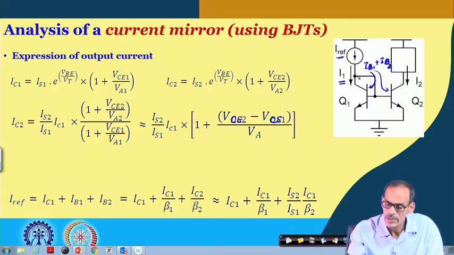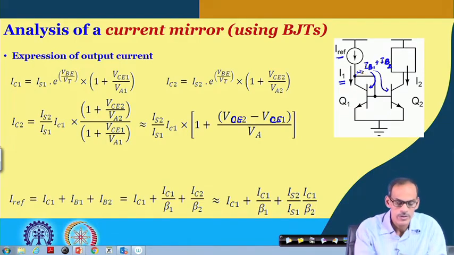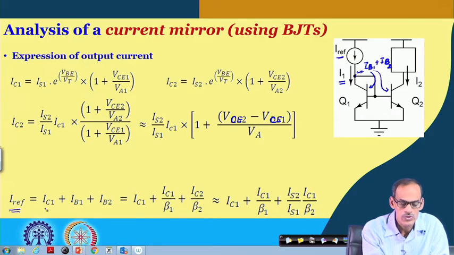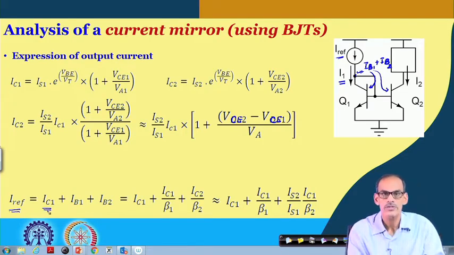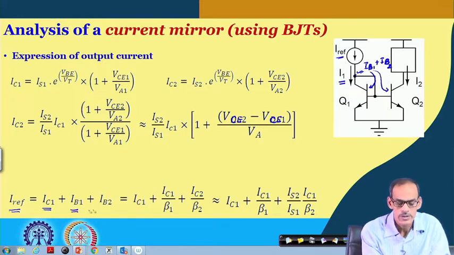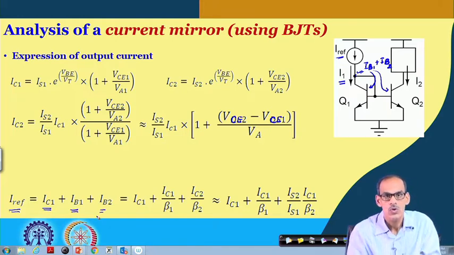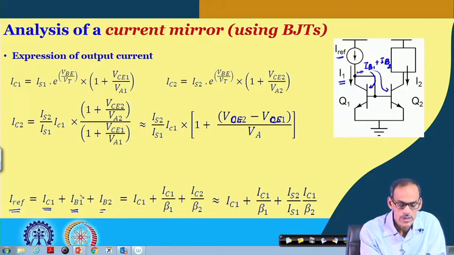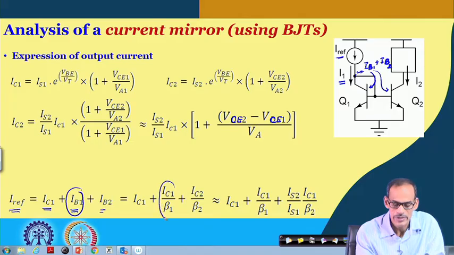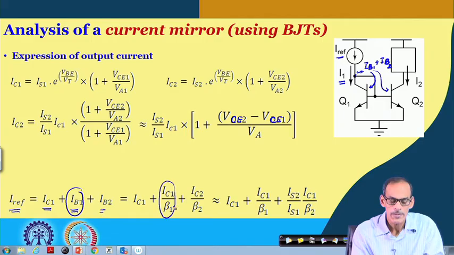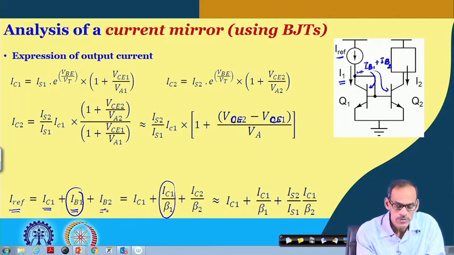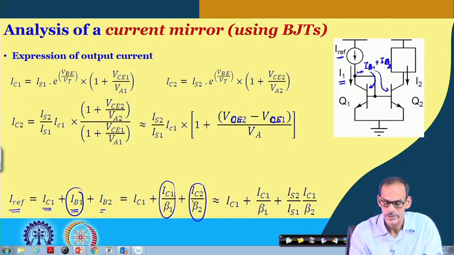Now, at this node, if I consider the KCL, we have IREF equals the collector current of transistor 1 plus the two base currents. Now, these two base currents can be expressed in terms of the collector current, namely IC1 divided by beta of the transistor, and the same thing for the second transistor, IC2 divided by beta of the transistor.